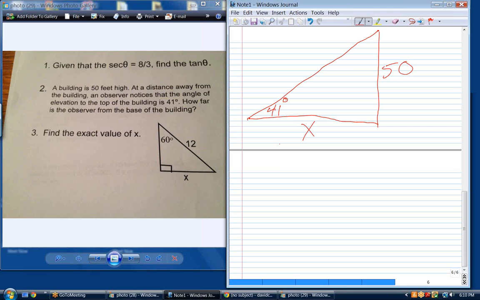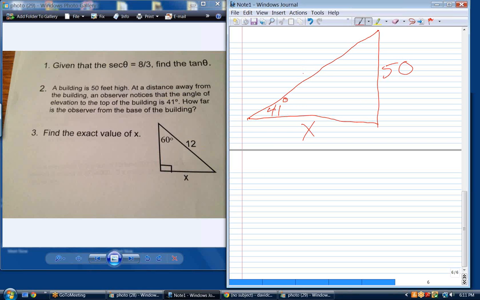Just trying to figure out x. So what equation can I set up, a trig function that will allow me to solve for x? Notice that I don't want to use sine or cosine because each of those relates to the hypotenuse.